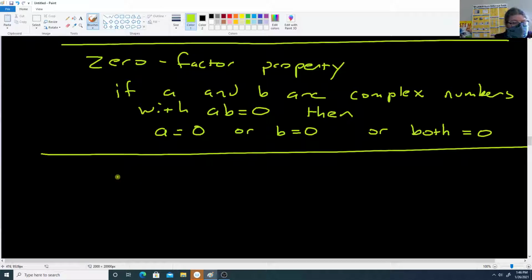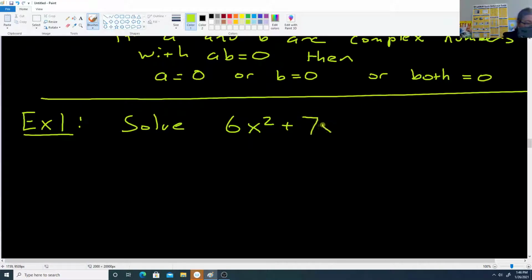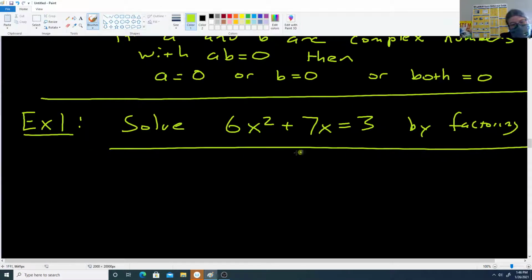So we're going to look at example 1 here, which is going to have us use the zero factor property to solve by factoring. They want us to solve 6x squared plus 7x equals 3 by factoring. Step 1 is I need to move the 3 across as a negative 3 to get all my terms on the same side.